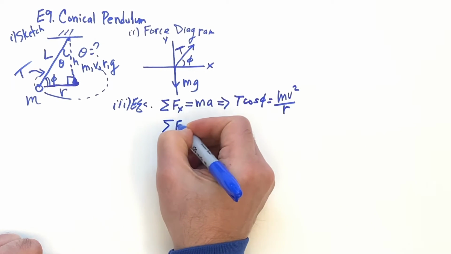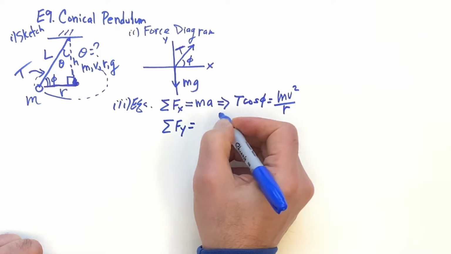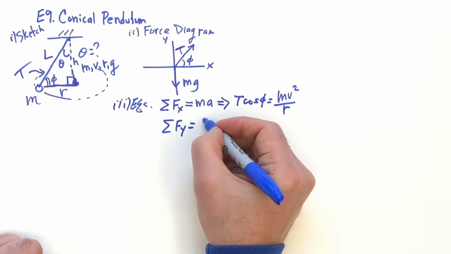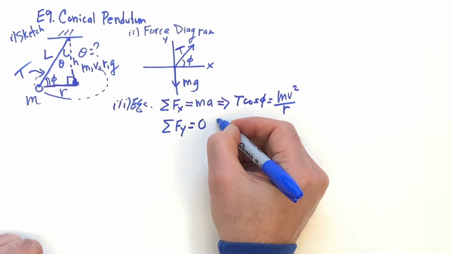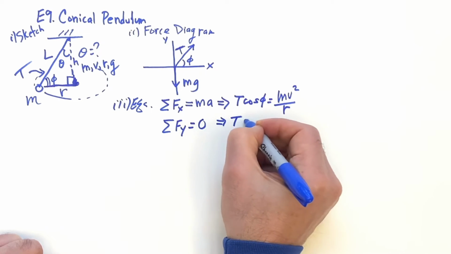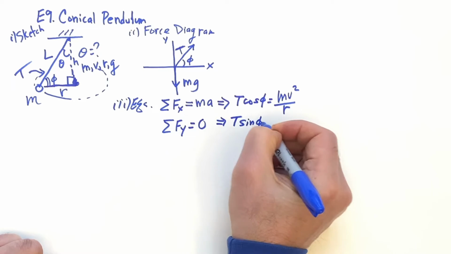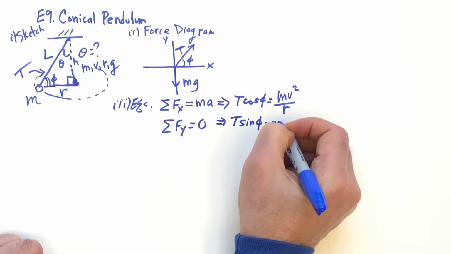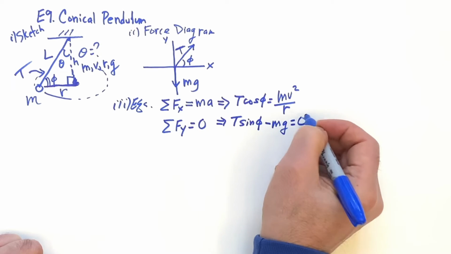Then the sum of the forces in the y direction, that's going to balance. There's going to be no acceleration there. So that's going to get you T sine of phi minus mg equals 0.